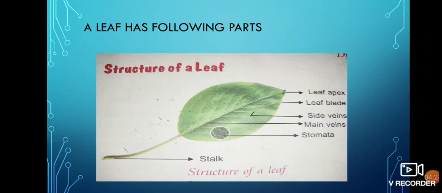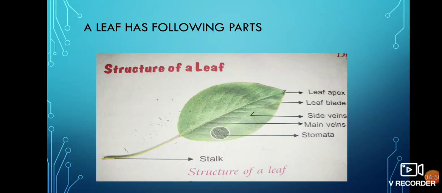In the middle, the stalk, through which it remains attached with the branch. And the stalk inside the leaf goes as the main vein. Main vein means mukhya vein.